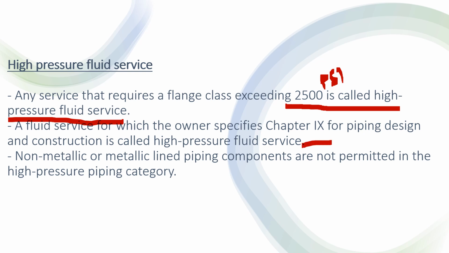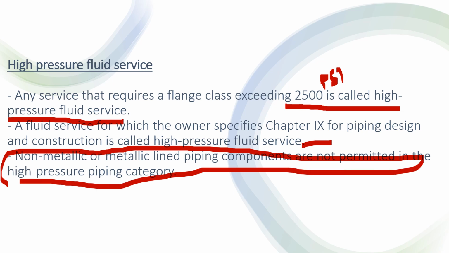Non-metallic or metallic lined piping components are not permitted in the high pressure piping category. So there is no non-metallic or metallic lined piping. What is called metallic lined piping? There is a lining given on a non-metallic pipe, called metallic lining. So only metallic pipes are allowed up to 2500 psi. That's why it is called high pressure fluid service.